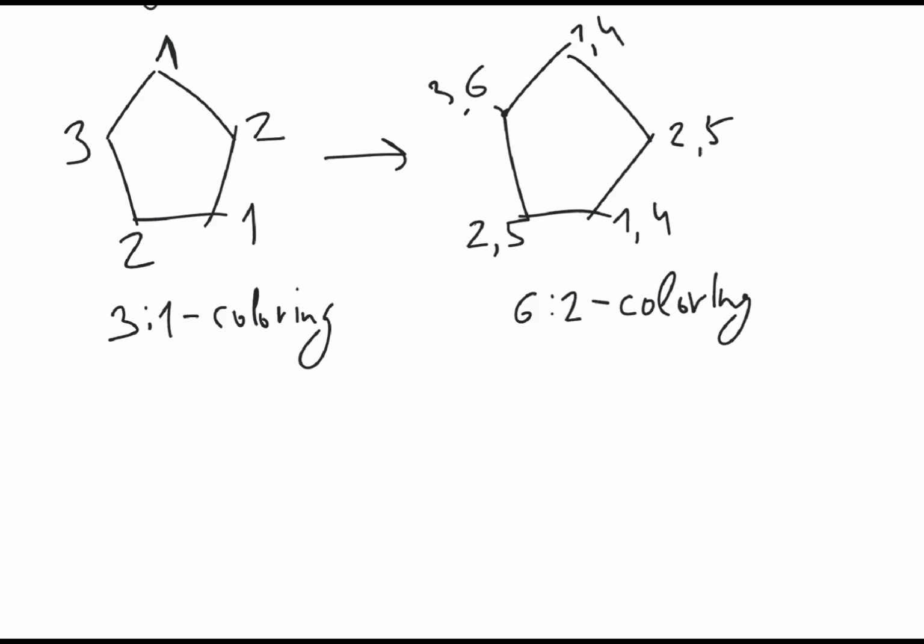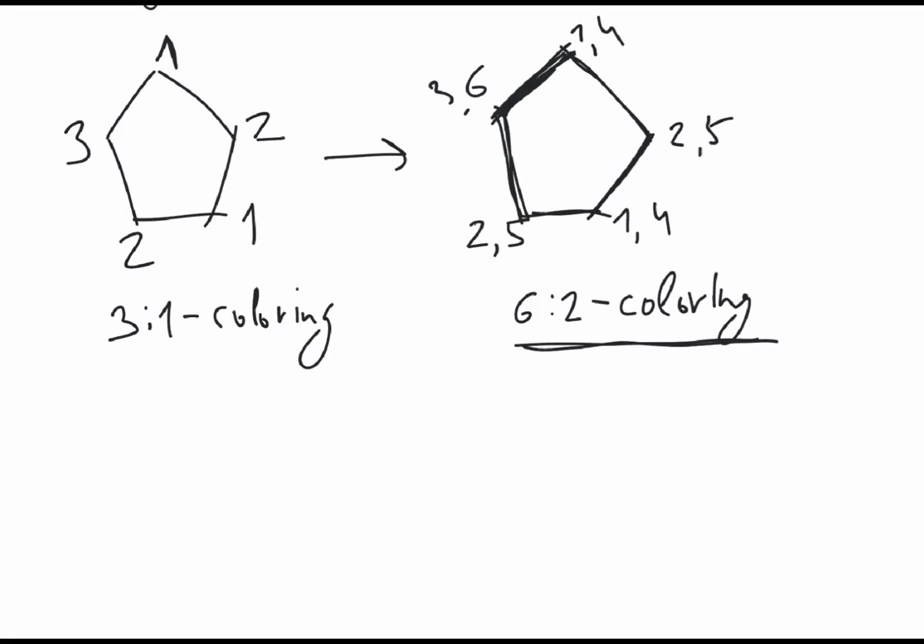It's easy to see that this is a 6:2 coloring. Each vertex receives 2 colors, and in total we have 6 colors, and the ends of every edge get disjoint sets of colors, so no color is present at both ends of any edge. So by splitting each color into 2, we easily obtain this 6:2 coloring.